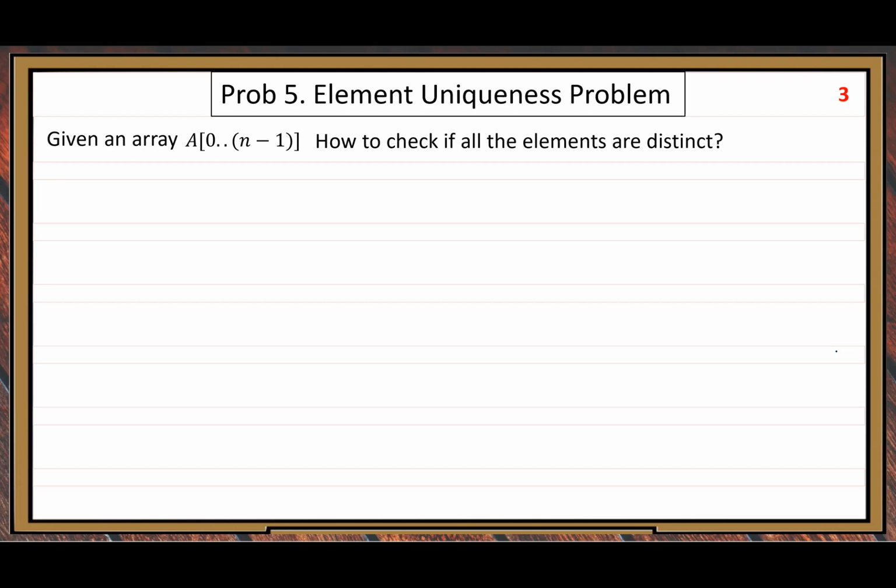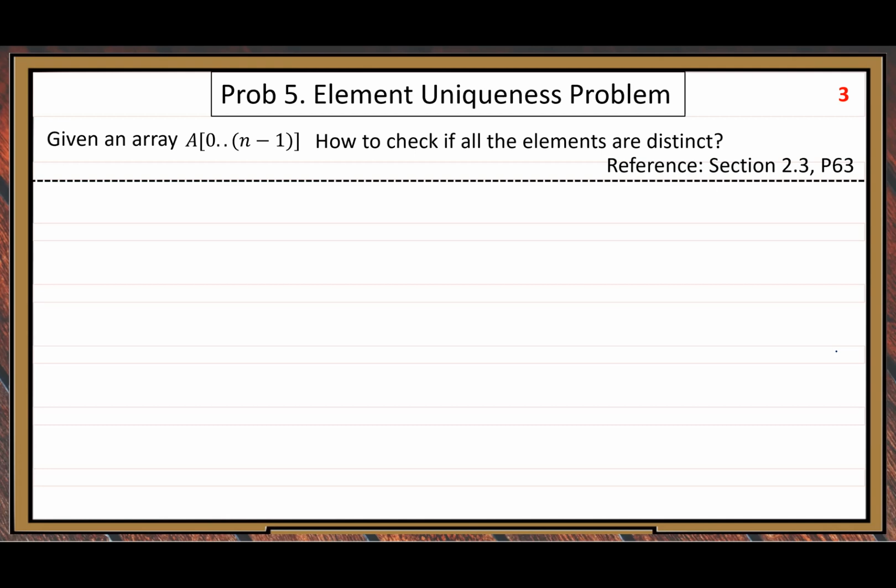But our goal is not just to find a solution, we want to find a better solution. I believe everybody can find a correct solution, but we need to find a better one. Here I give you the reference in our textbook, section 2.3.